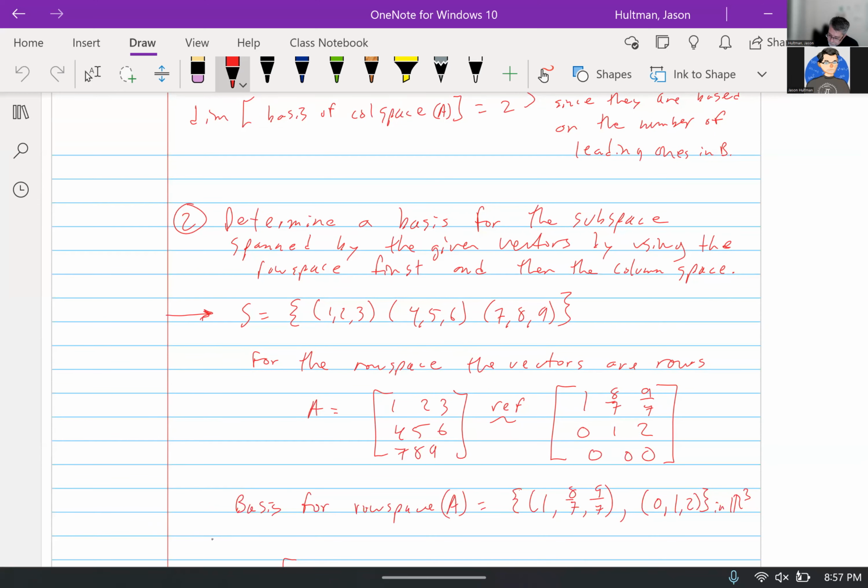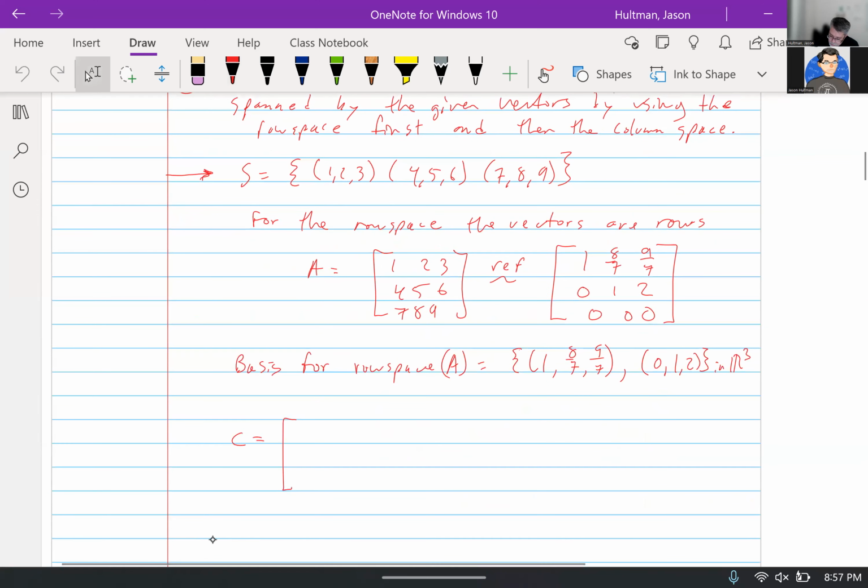And so we're going to create one that is a column space based on these vectors that are now columns. Column vectors 1, 2, 3, 4, 5, 6, 7, 8, 9. And then when I REF that, I actually end up with 1, 2, 3, 0, 1, 2, 0, 0, 0.